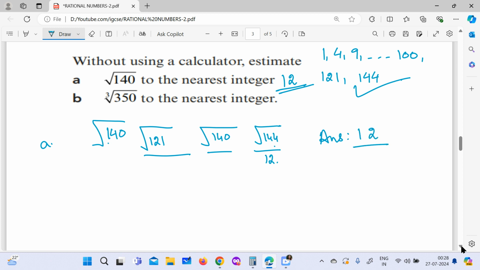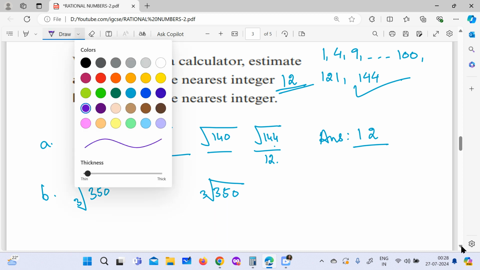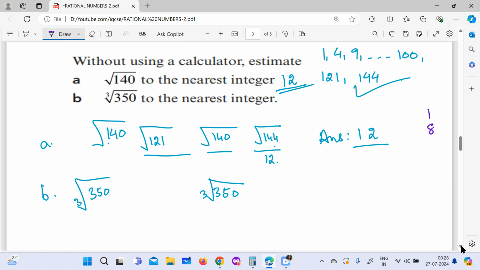Now look at this one, B. Cube root of 350. Okay, so we will write cube root of 350 here, and we will write the rest of the cube numbers. Your cube numbers are 1, 8, 27, and this is 350, right?